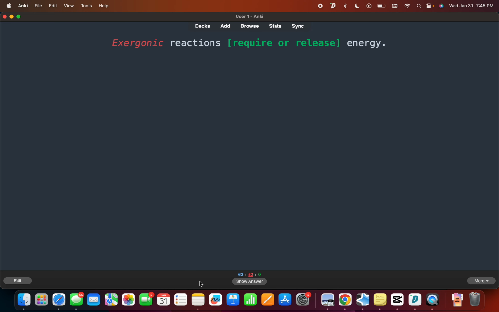Exergonic reactions require or release energy? So exergonic reactions release energy, right?